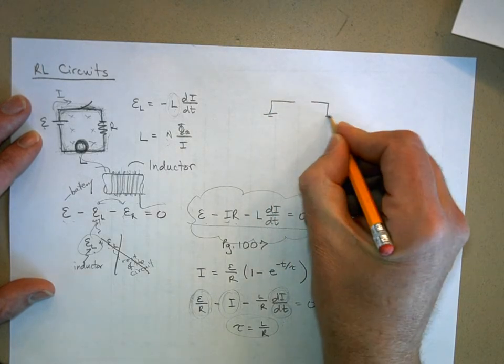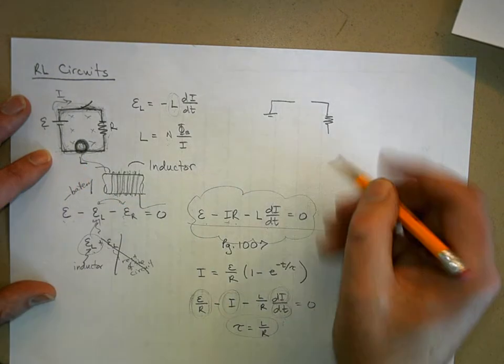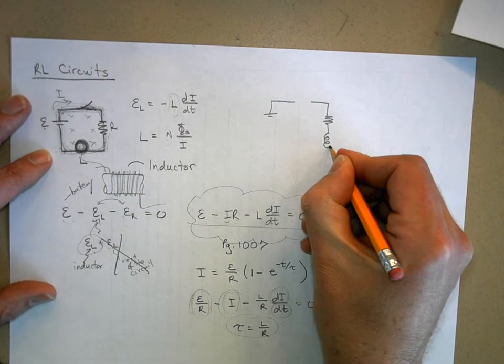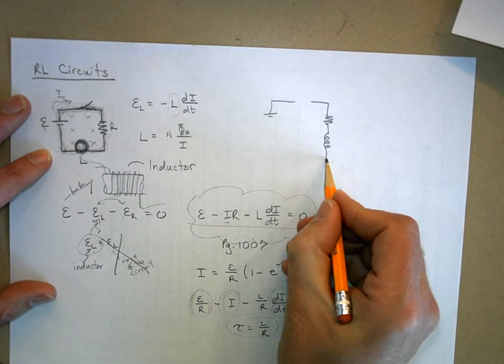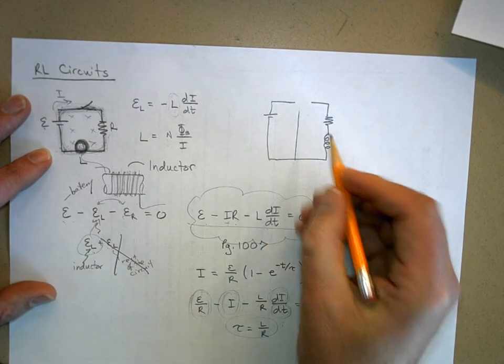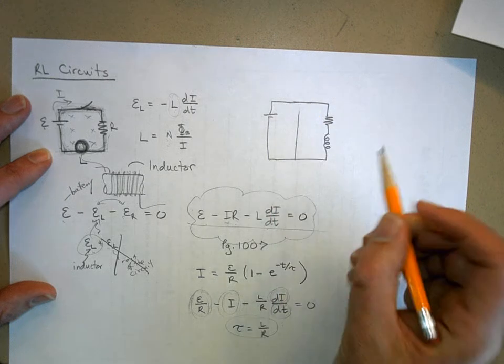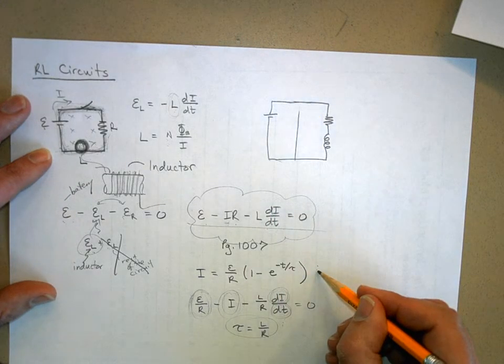Here's my resistor. Now, here's the symbol for an inductor. I just drew it like this, but the way it really looks is like this. And it makes sense. It's a little coil. Now, here's a switch, and if I have the switch closed like this, this is the equation that describes it right here.